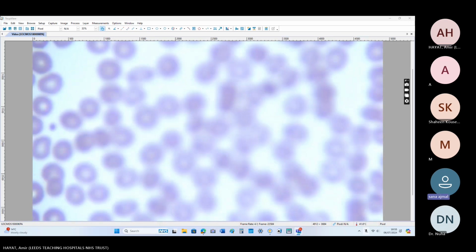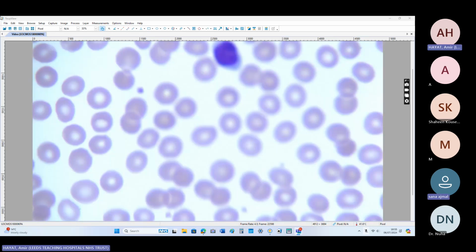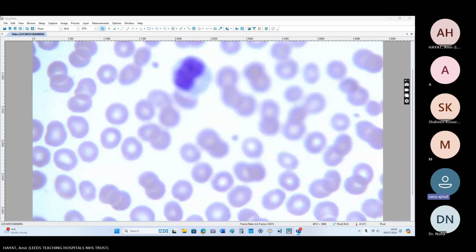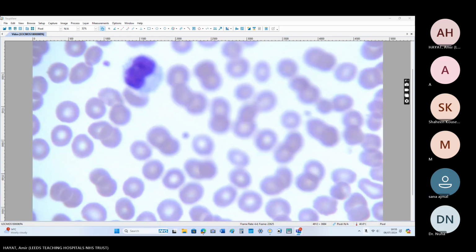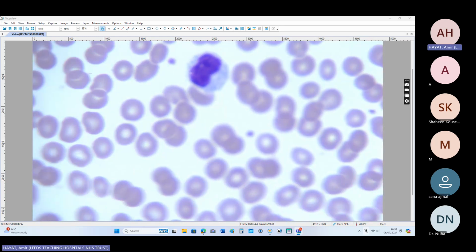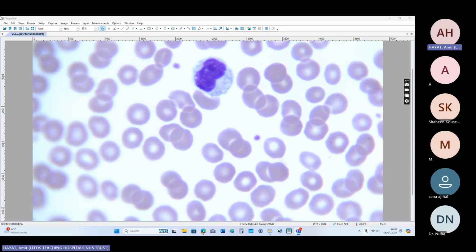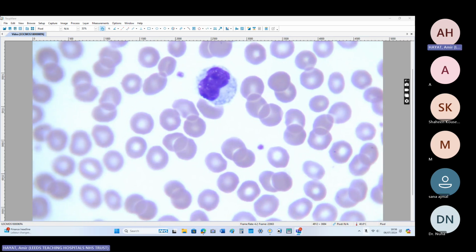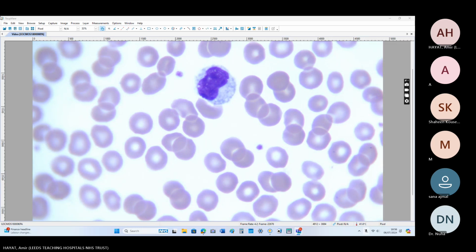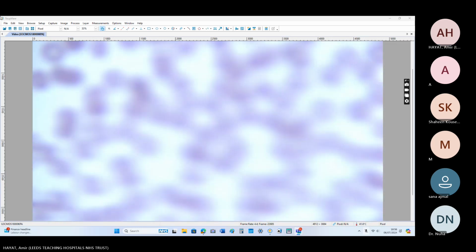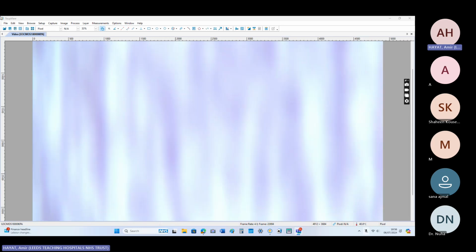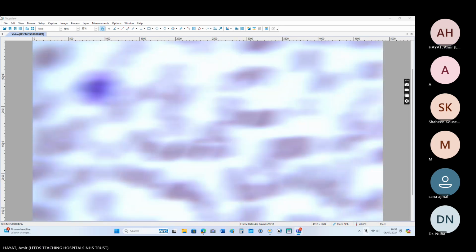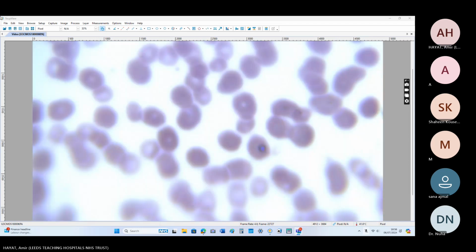I'm not sure, but T-PLL has a very high white cell count, and they have basophilic cytoplasm, a mature nucleus, and prominent projections bigger than these projections.